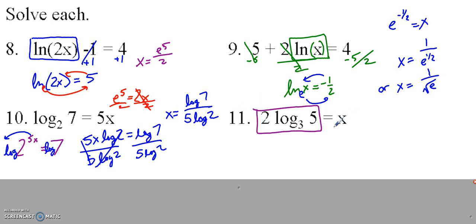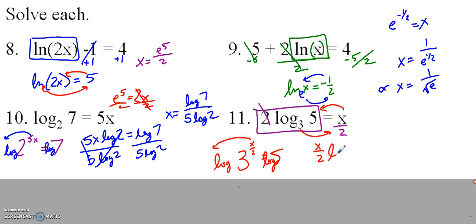I'm going to divide by 2. I'm going to rewrite that as an exponential equation: 3 to the x over 2 power equals 5. Then I would take the log of both sides, or the natural log, either one. Remember, it doesn't matter. And I'm going to pull that x over 2 out in front.